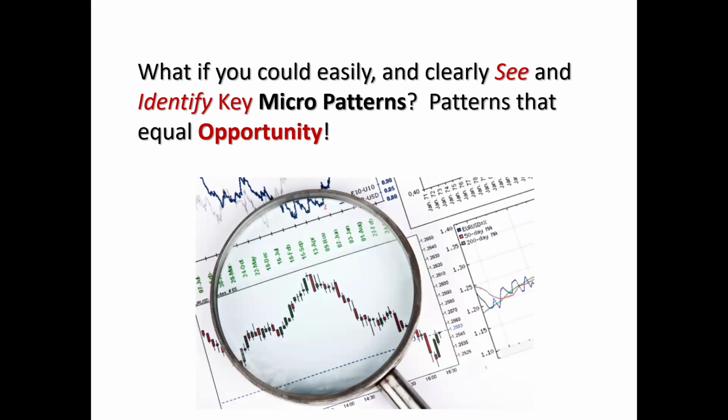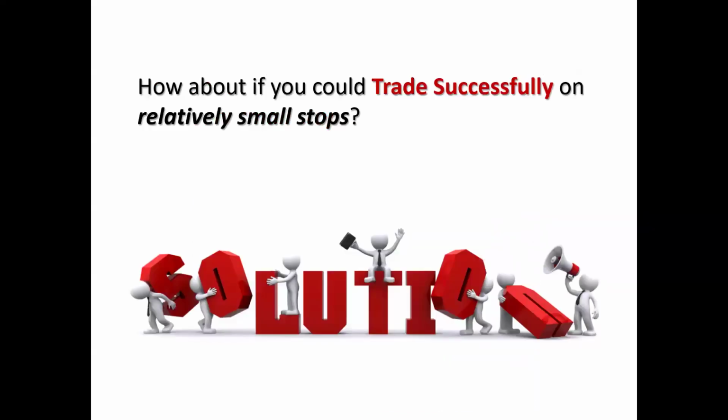Or you could clearly identify micro patterns that make for opportunity. You can see these aren't ultimate tick bars on this screenshot. See how the tails are on both sides? Those are not ultimate tick or ultimate order flow bars. They're random data on a bar-to-bar basis.